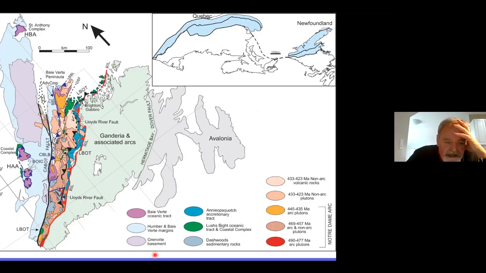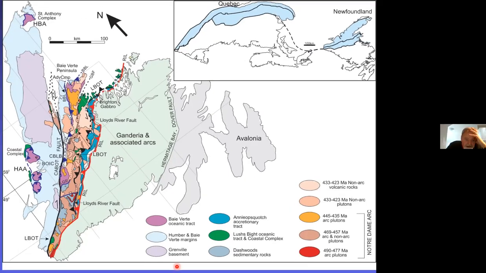There's also a difference in the timing of collision with the Laurentian margin, which is preserved in Baie Verte, which is moving with the Dashwood block. I will show you that in a second.